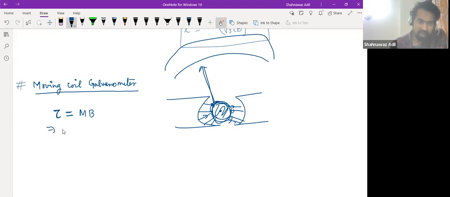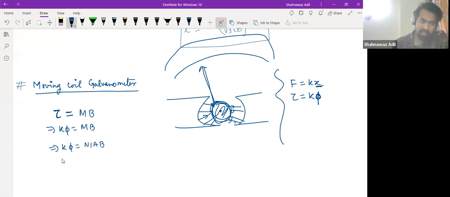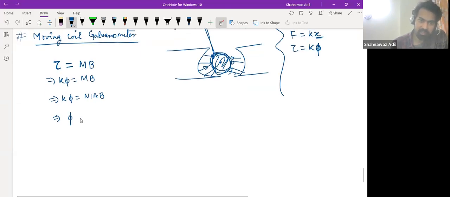Like the restoring force, which is kx, similarly we have a restoring torque. This is linear, so this would be angular, so let me write it as phi. So this was k phi, and this is m. Then we calculated this m as nIAB, and then we calculated the deflection angle.